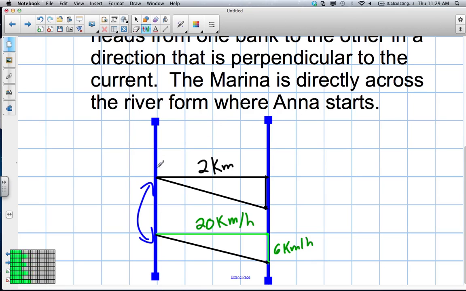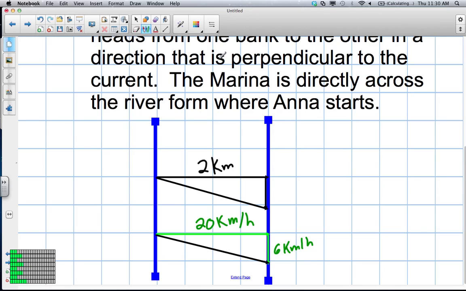The angles inside of the triangles are all going to be the exact same. The only difference is that one is dealing with distance while the other one's dealing with speed. If we were to take them as strictly magnitudes, it looks like one triangle is much larger than the other. One measures 20 in magnitude while the other measures 2. But the angles are the same, which is very important, which means we've created similar triangles.